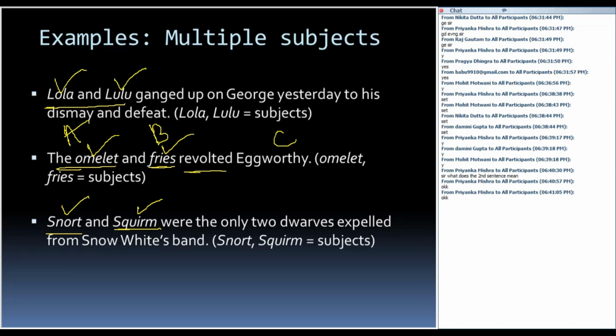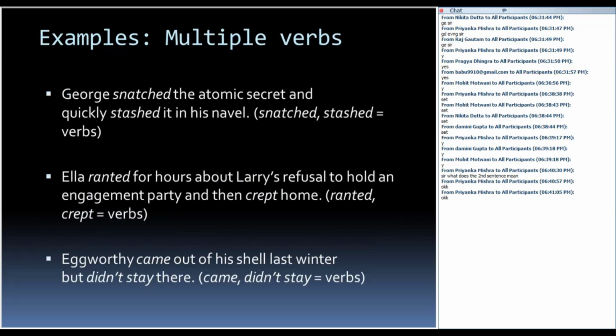Some examples of sentences that have multiple verbs. Over here you can see George. What did George do? He snatched the atomic secret and quickly stashed it in his navel. So George performed two actions, snatched and stashed. Similarly, Ella ranted for hours about Larry's refusal to hold an engagement party. And then what did she do?